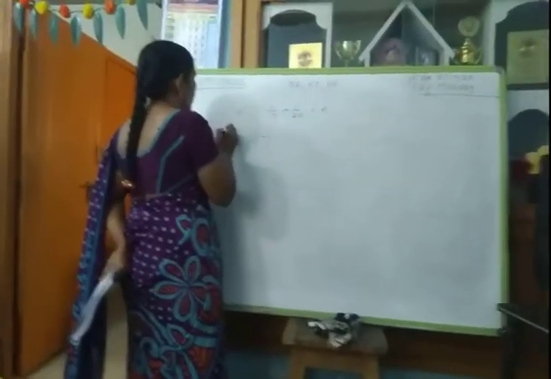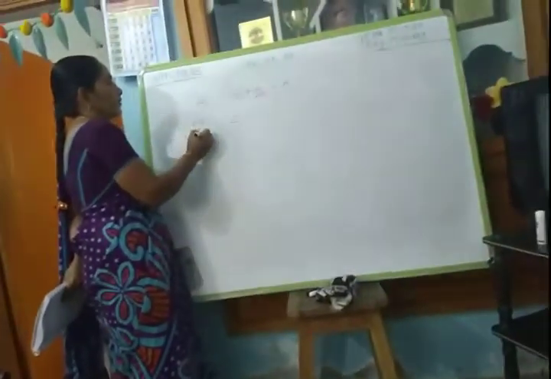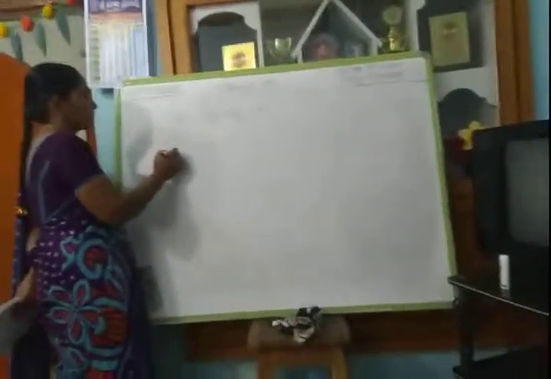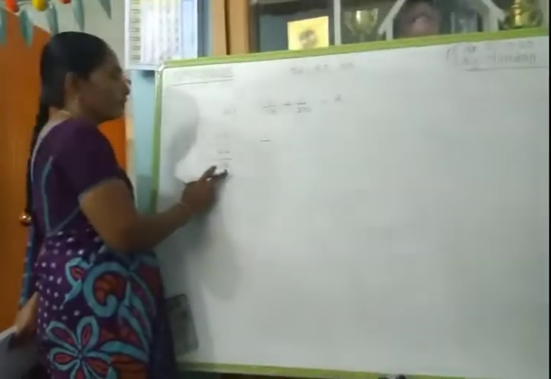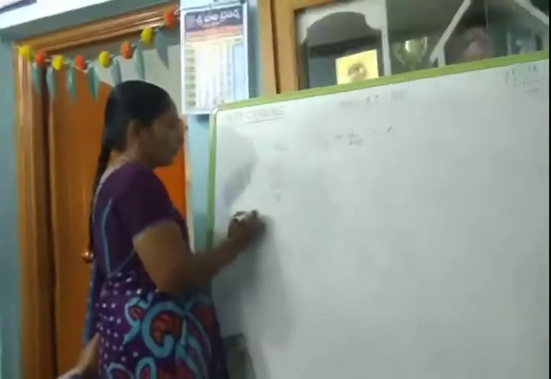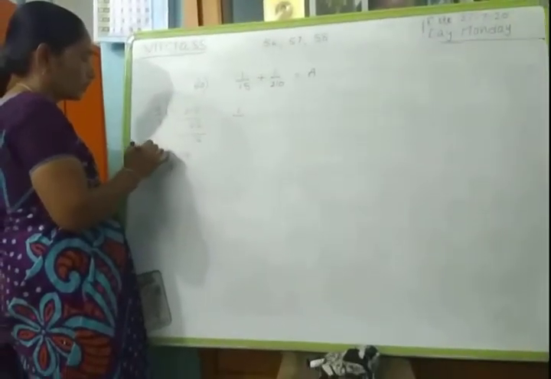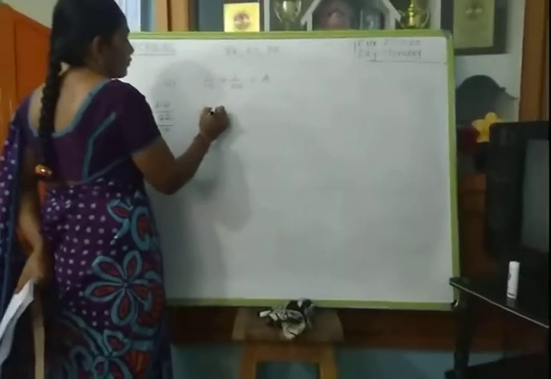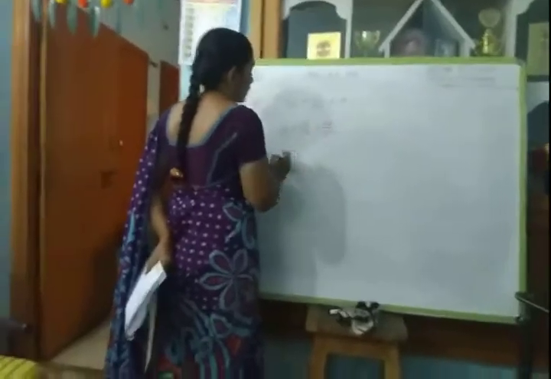If you find the LCM with the 5 table, 5 3s are 15, 15 into 14. 14 5s are 70, 14 1s are 14, 14 plus 7, 21. So 210, LCM 210. So 15 table, how many times? 14 times, 14 by 210.